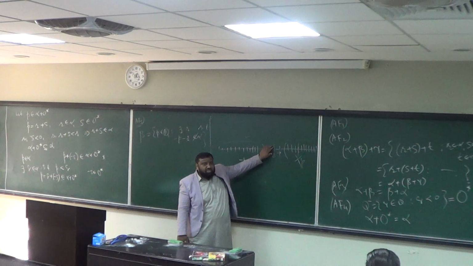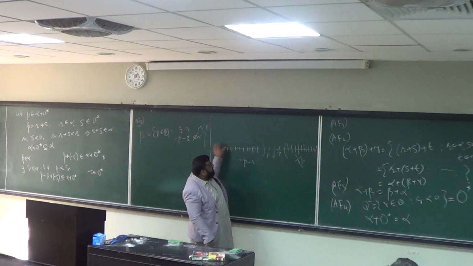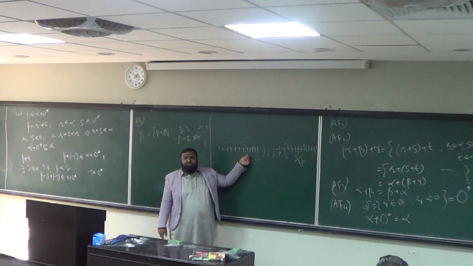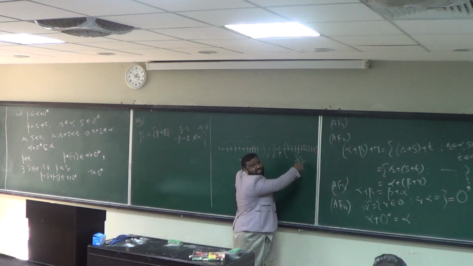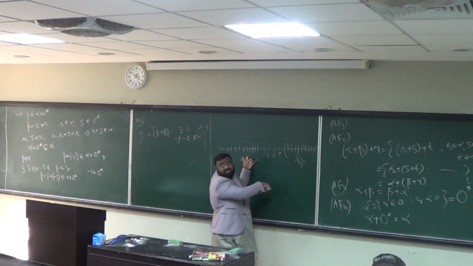So this part is the good part. How about this part? If I pick something from alpha, so p is here, where is negative p? On this side. So I have loads of numbers which I subtract and I'm away from alpha.